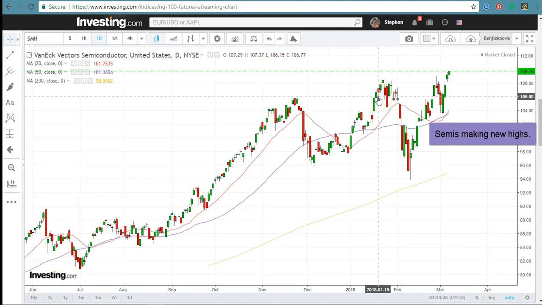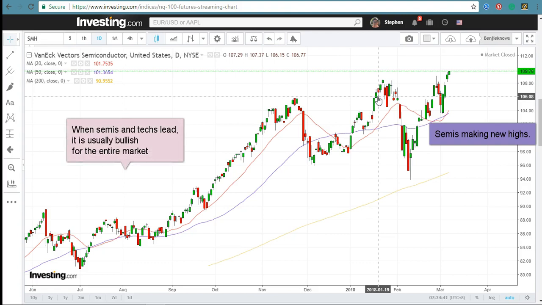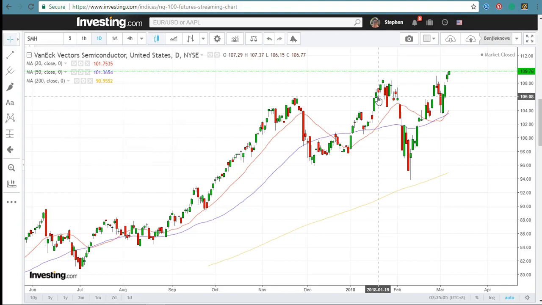One of the intermarket relationship principles is that when the semis lead the market and when the techs lead the market, and I've shown you the Nasdaq-100 is stronger than the Dow or the S&P, when the techs and semiconductors lead the market, usually this is a sign of a bullish market, and therefore it is more likely that the Dow and the S&P 500 will continue to make new highs, and that's something for us to think about.